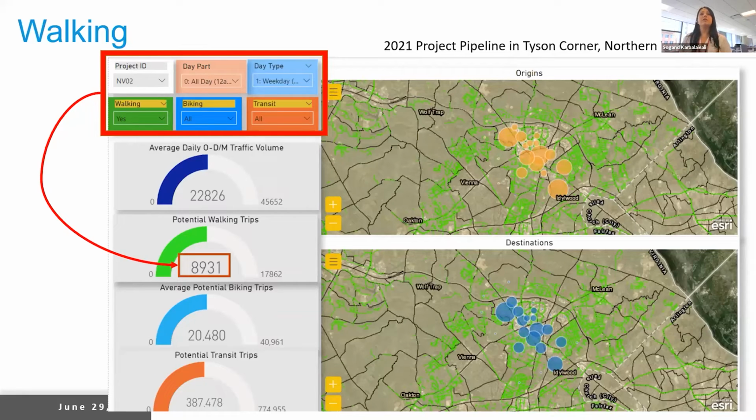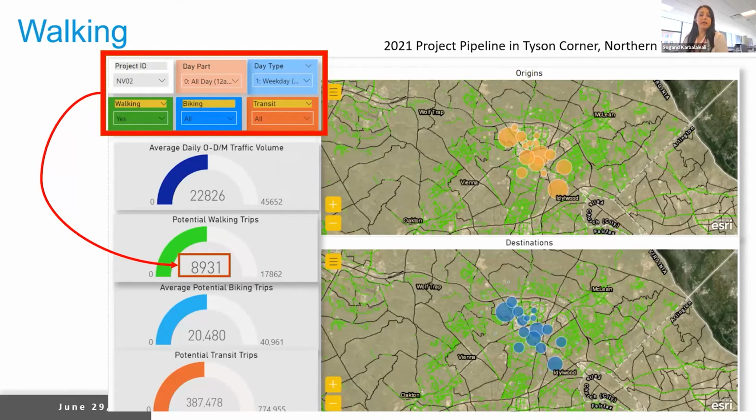So in this case, we have an average daily traffic volume between all the origins and zones of about 22K, which is in dark blue from top to bottom. And then from there, you can see that walking, which is trips less than a mile between different origins and destinations, is about 9,000 trips in 24 hours.